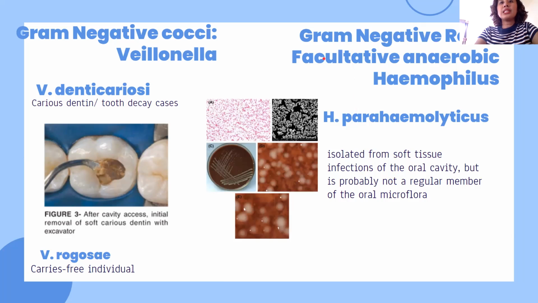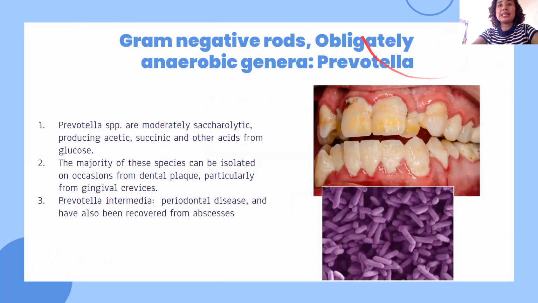Okay, facultative anaerobes just like a minimal amount of oxygen. Then obligate anaerobes live under the gums, or any place hidden from oxygen, so also under the cheeks.